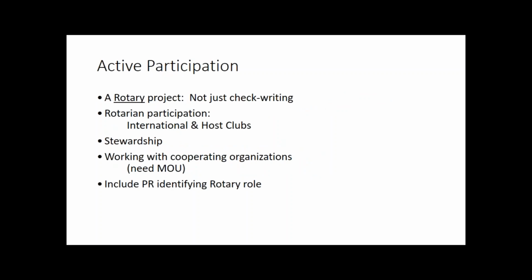Active participation, not just check writing, okay? Rotarian participation, international and host. Stewardship is key. You work with cooperating organizations, but you need an MOU with that cooperating organization. The MOU identifies who's doing what, how, when, and who's responsible for what.